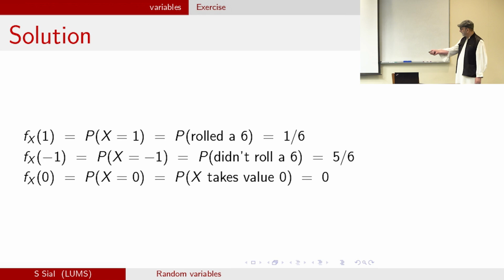F sub x of minus 1 means the probability that x is equal to minus 1, and we agreed that that probability was 5/6. F sub x of 0 means the probability that x is equal to 0. So the probability that x takes the value 0 is 0 because x only takes values minus 1 and plus 1. Okay? Now, here's the probability mass function evaluated at certain inputs.